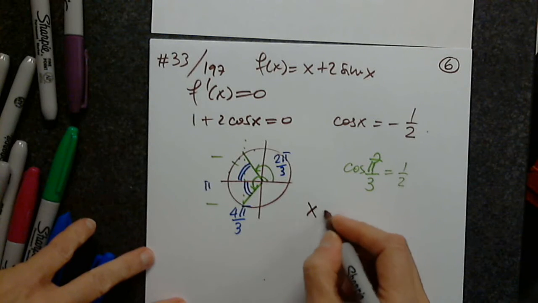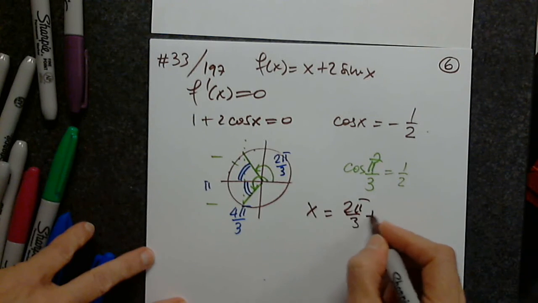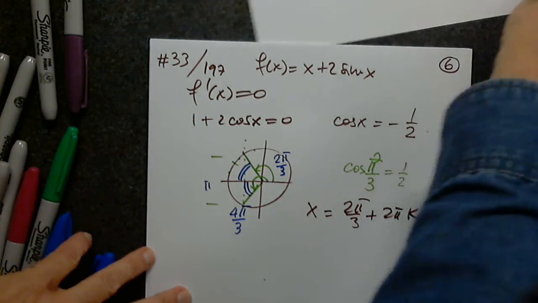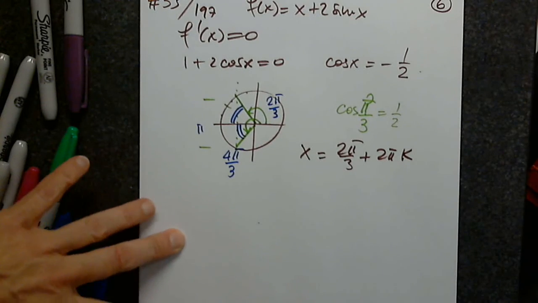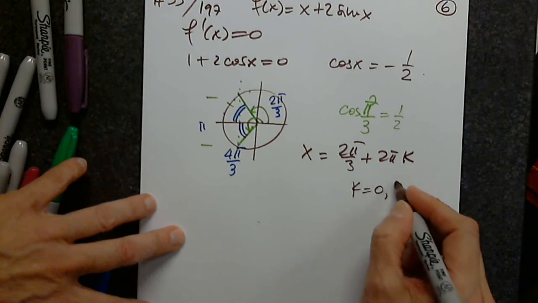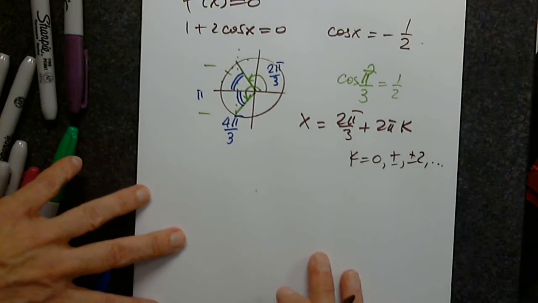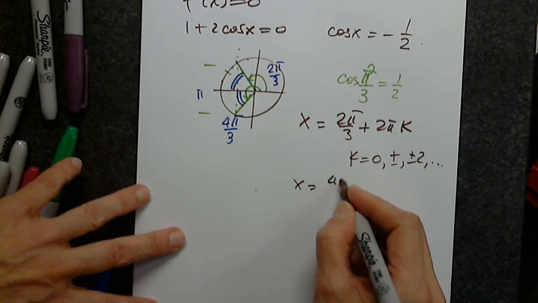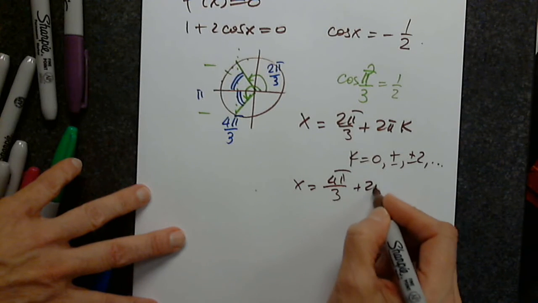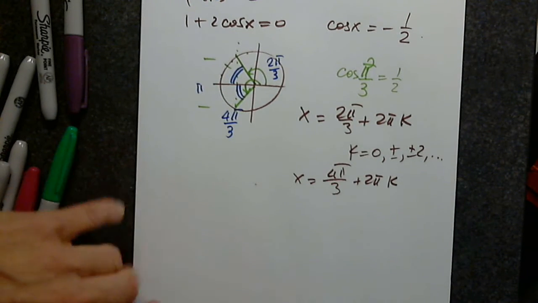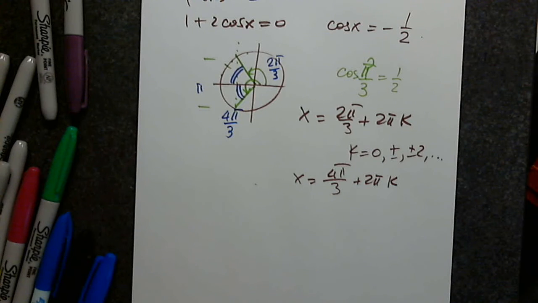So x equals 2 pi over 3 plus 2 pi k, where k is an integer, like 0, 1, plus or minus 1, plus or minus 2, and so forth. And the other one, 4 pi over 3 plus 2 pi k. So 2 pi k just means forever, right?